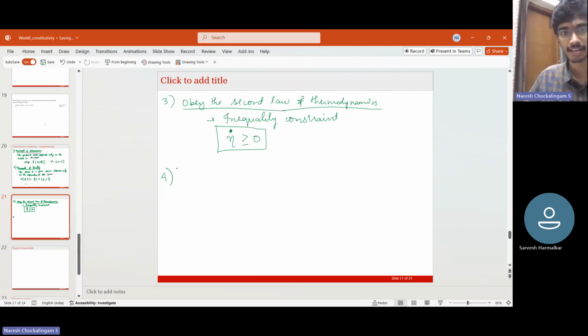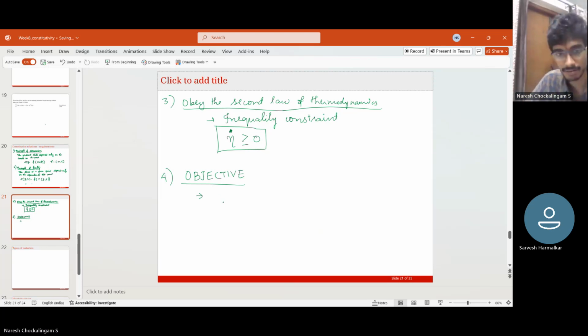And finally, it has to be objective, the constitutive relationship. Objective quantities have to get into the constitutive relationship. Not only that, the functional form itself has to be objective. So as observed by two different observers, the constitutive relationship has to be objective.